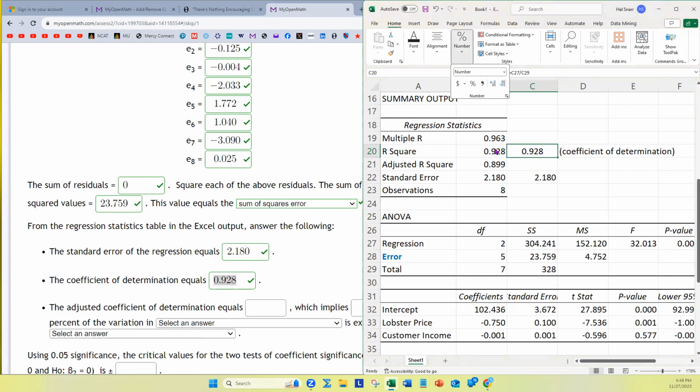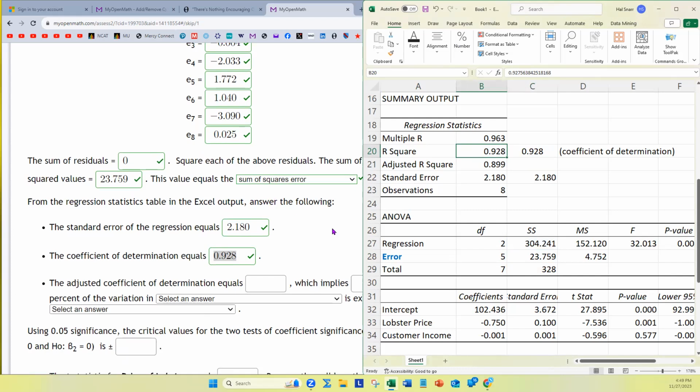And generally speaking, you want this to be a large value. Now, because we have two x variables, we don't interpret the R square in multiple regression. This is multiple regression because we have multiple variables on our right-hand side.